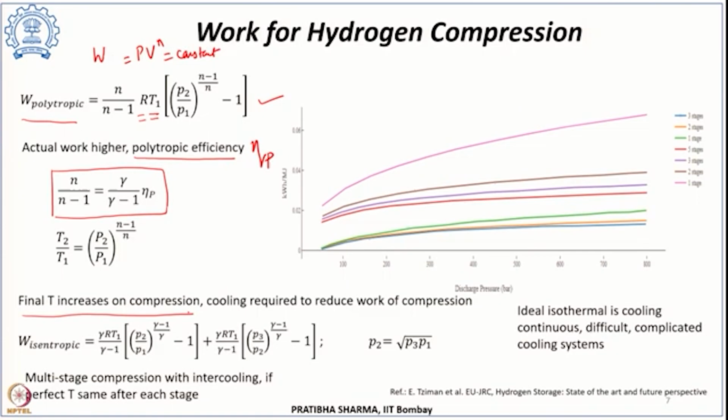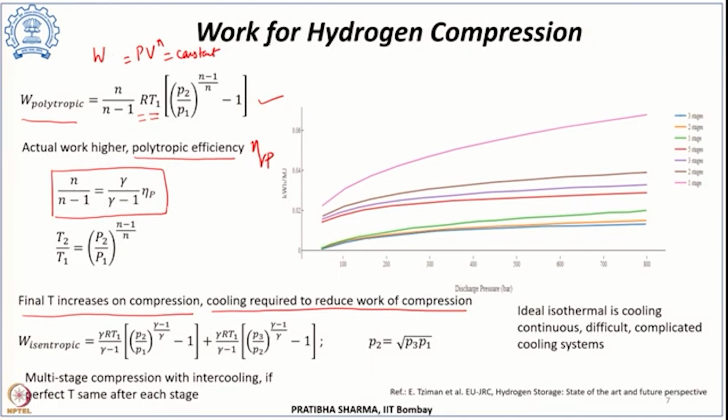Now, since the temperature increases, if we cool down the gas on compression and reduce the temperature of the gas, the required work of compression will also reduce. So, if we cool the gas on compression, the work of compression reduces.